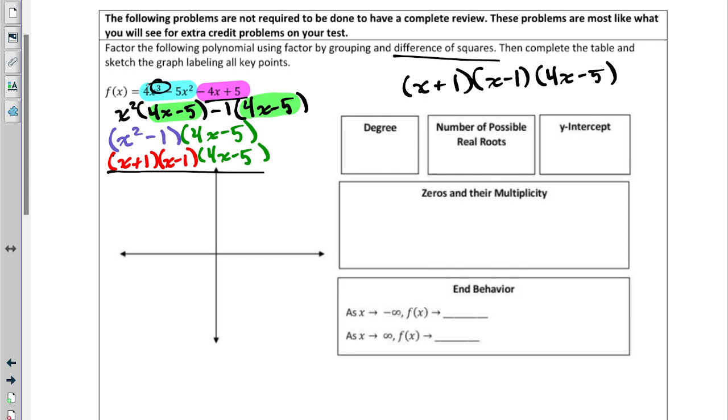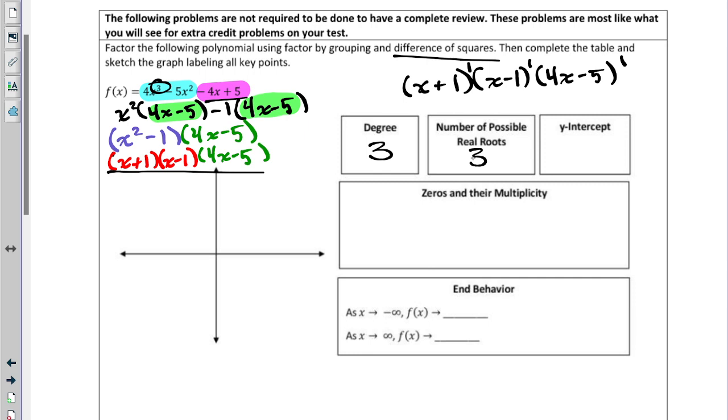The other way to figure that out is if it's in factored form, you count up all of the times that you're multiplying x, or really you're just adding the powers above the parentheses, which are all 1, which means my degree is 1 plus 1 plus 1, which is 3. And so it matches up, right? We know we did it right. My degree is 3, which means the possible number of real roots is also 3. Those are always equal, all right?